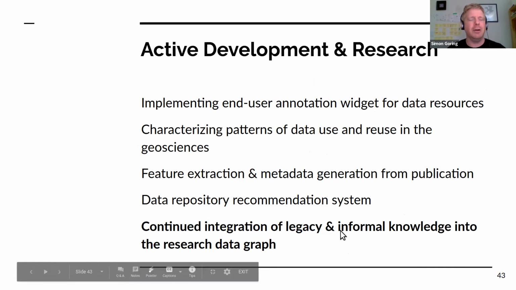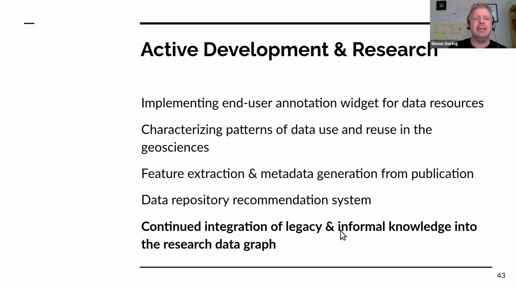And then finally, we're really working on integrating legacy and informal knowledge into the research data graph. There's a lot of stuff that groups like Force11 are doing to advance citation practices, to push DataCite and Crossref to include broader sets of related identifiers within their data fields.